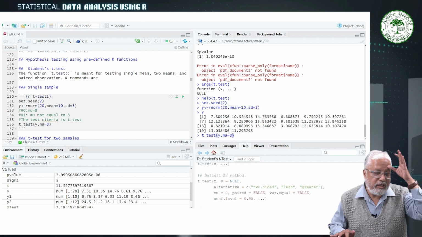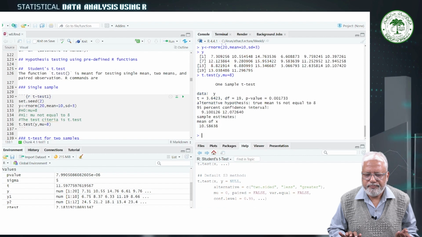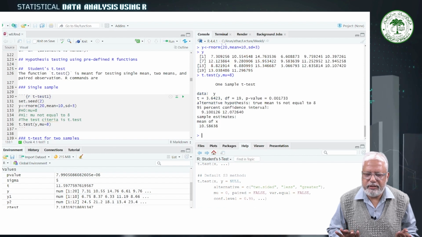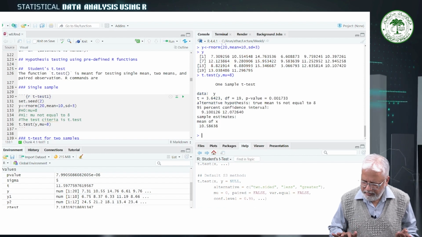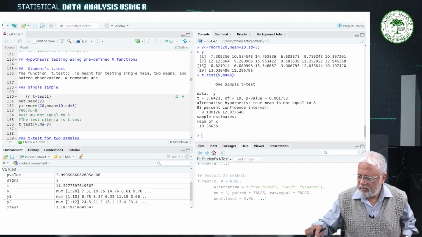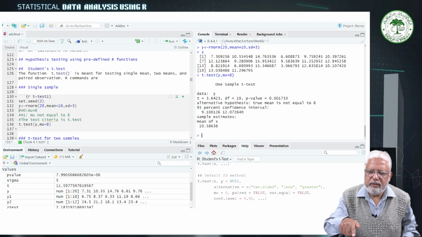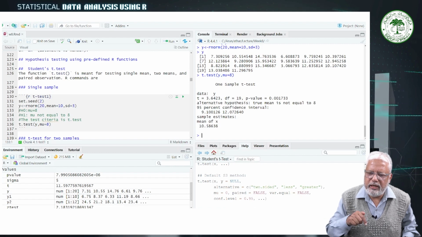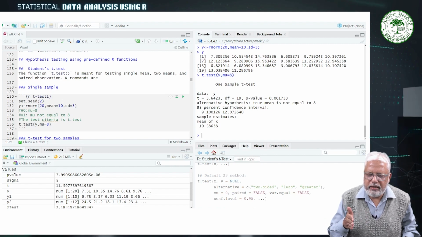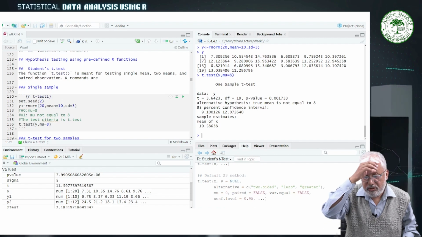So this is the hypothesized value, mu is equal to 8. It is being rejected. But the hypothesis could be mu less than 8, and it can be greater than 8 also. But here mu is not equal to 8. So this is the alternative.